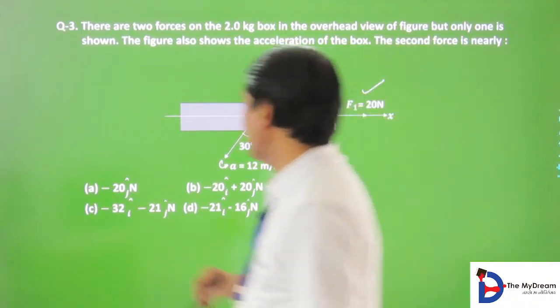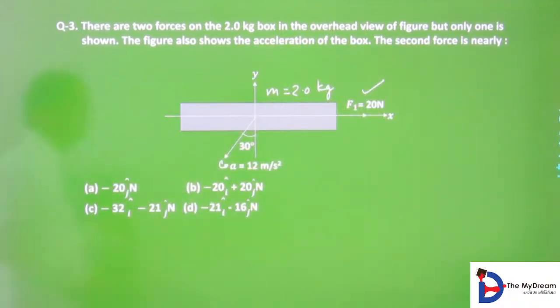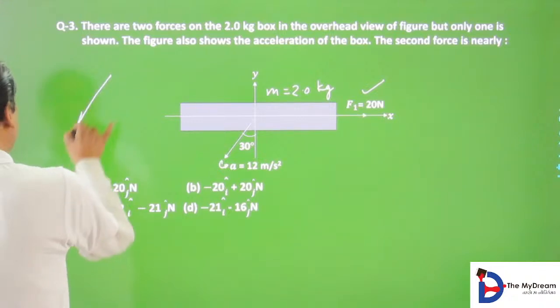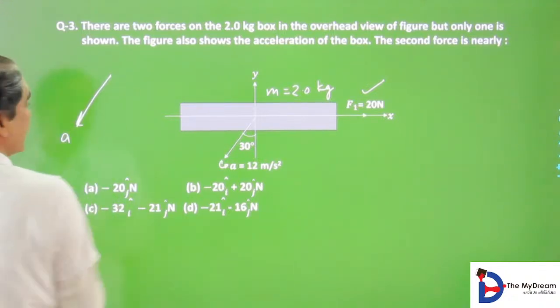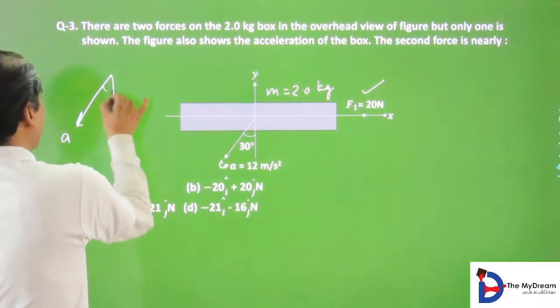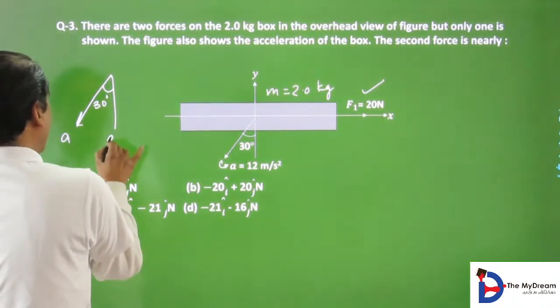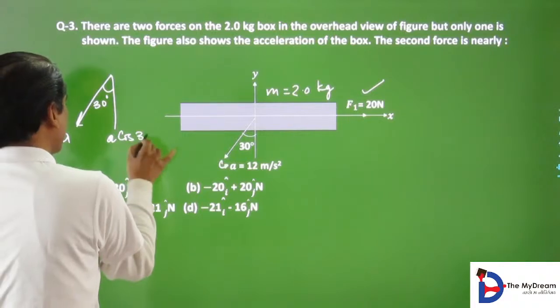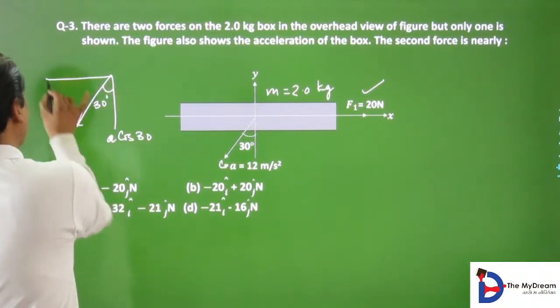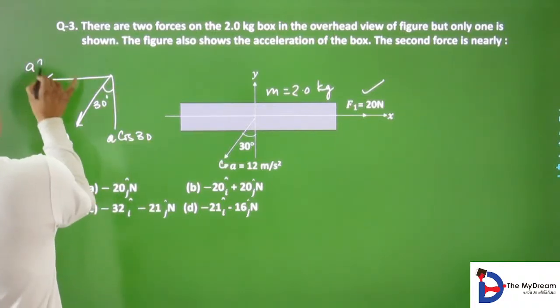Note here, this is the acceleration A, which makes an angle of 30 degrees. So it gives A cos 30 and A sin 30.